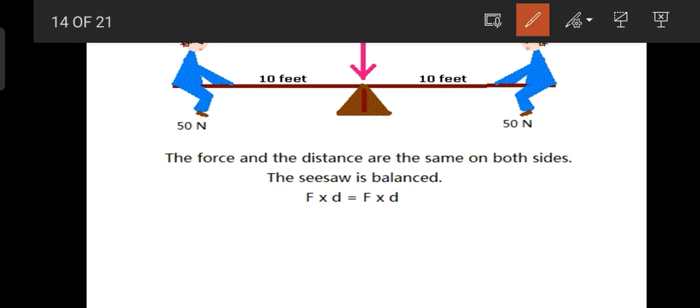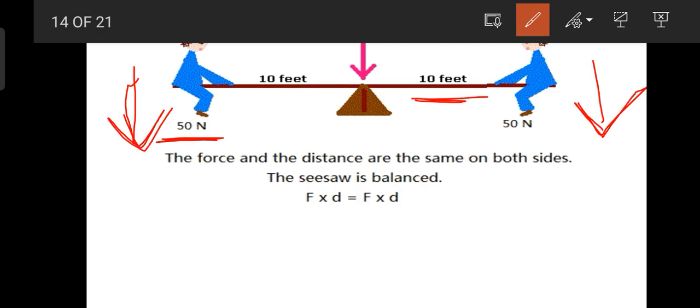Now how to calculate this? 50 Newton is the force. Here this is the pivoted point and this is the line of action of force. I have told you, line of action of force means the point where the force is applied.